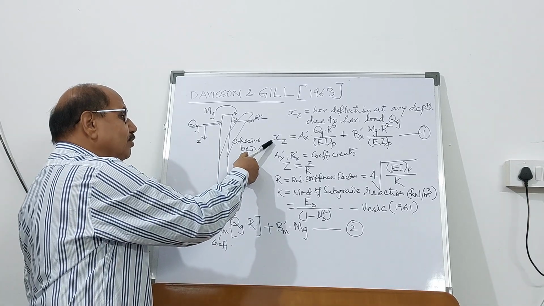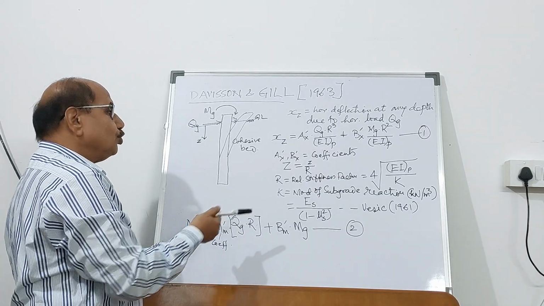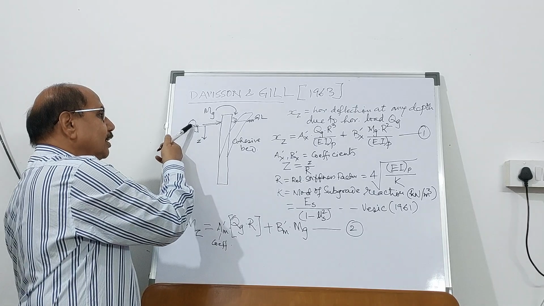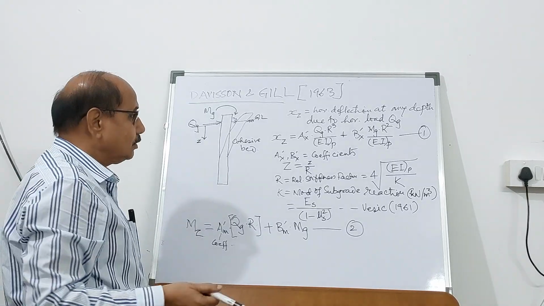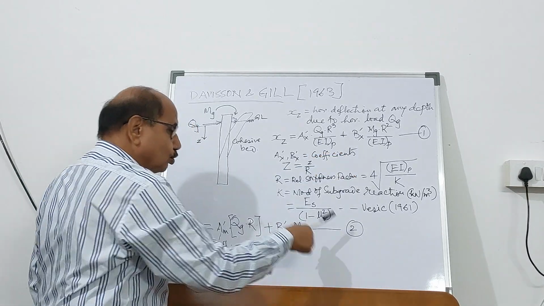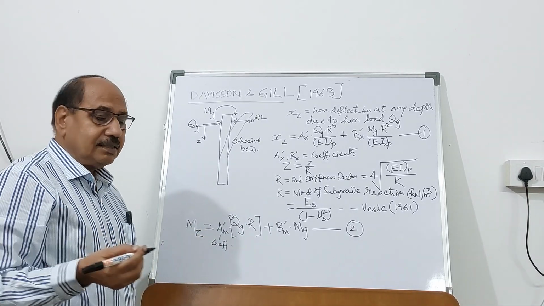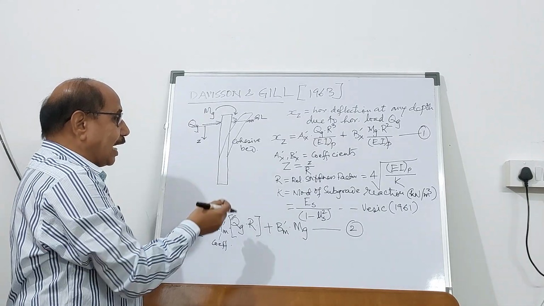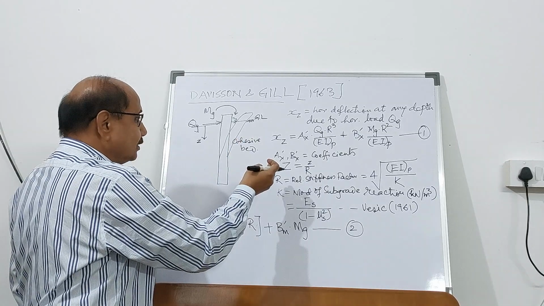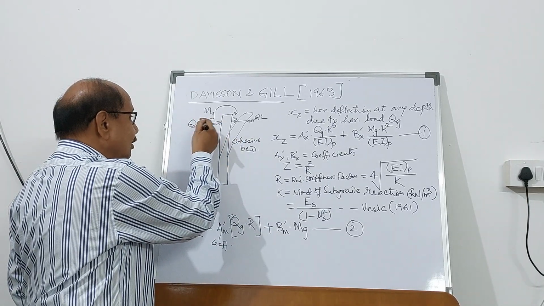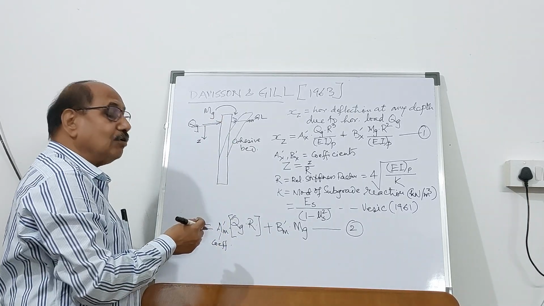Or if the permissible value of the deflection is given to you, you can calculate the horizontal load capacity of any pile. So equation 1 and equation 2 are very, very important, and in the next video we will see how to calculate the horizontal load carrying capacity of a pile, or if you want to calculate the moment, how to calculate it.